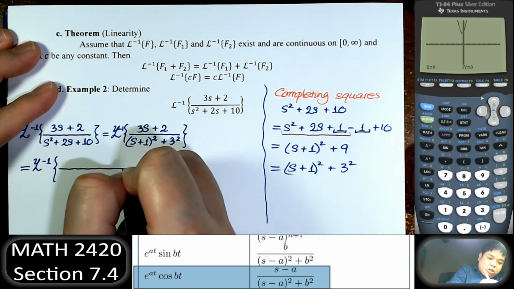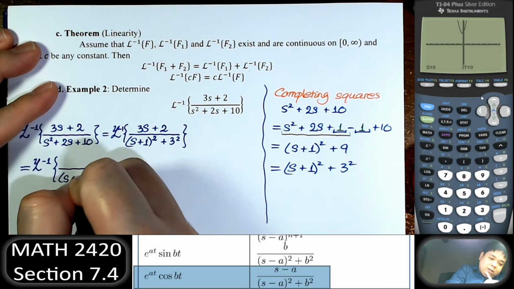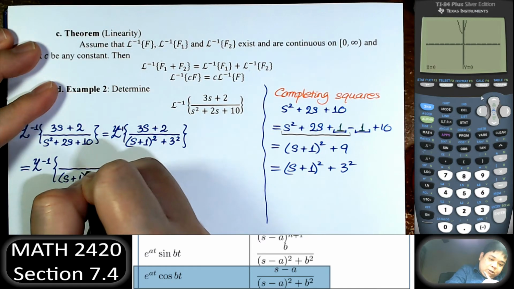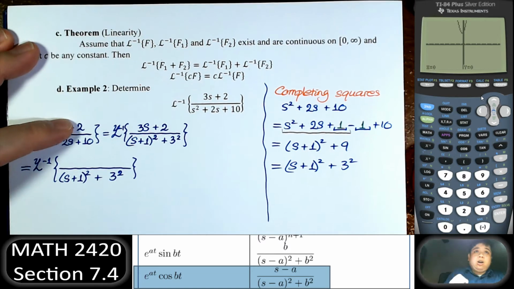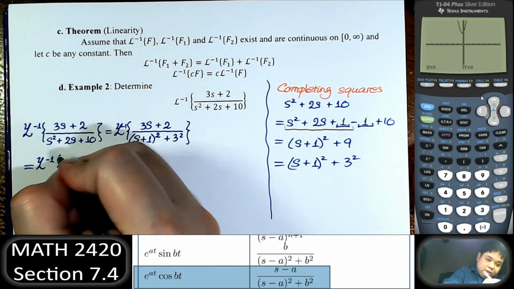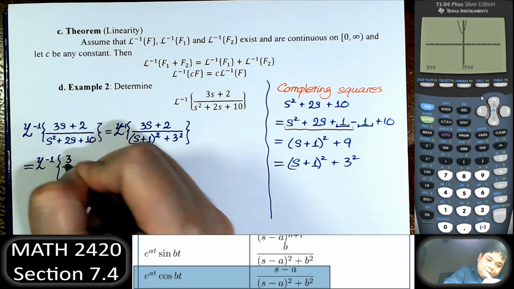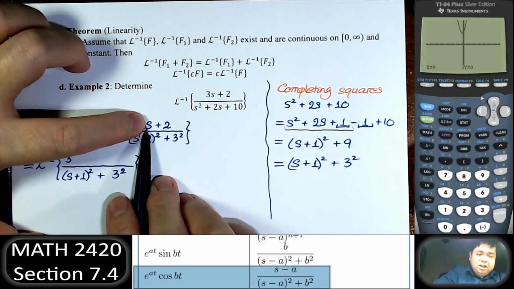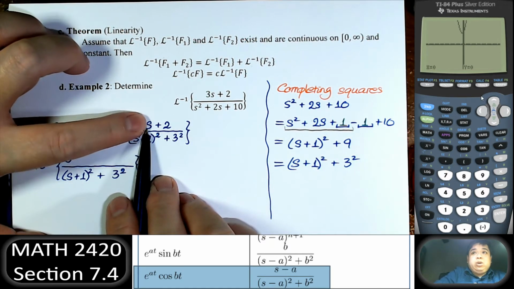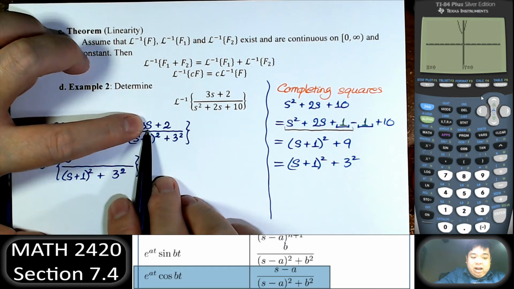The bottom we know is still the same. We're not going to mess with that. On the top we do need to have s plus 1, so we're going to have 3. Right, now this is the creative part. If we're going to add something, we're going to subtract something, so we need to have an s here.